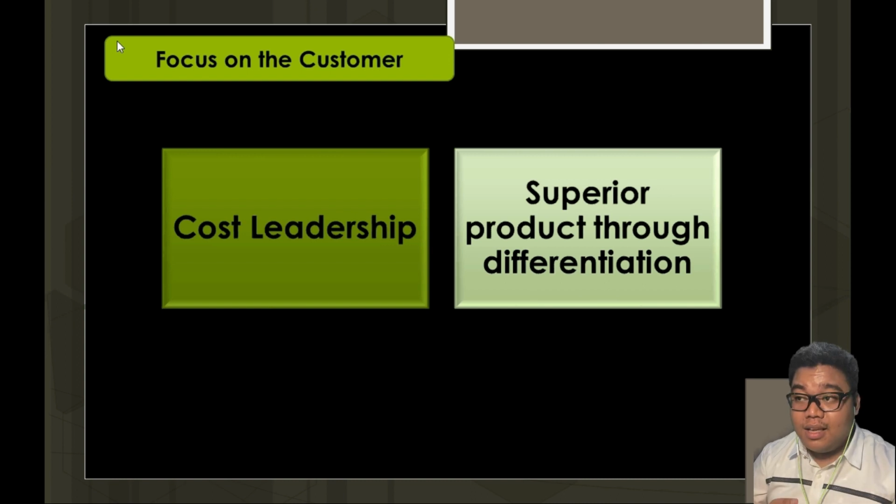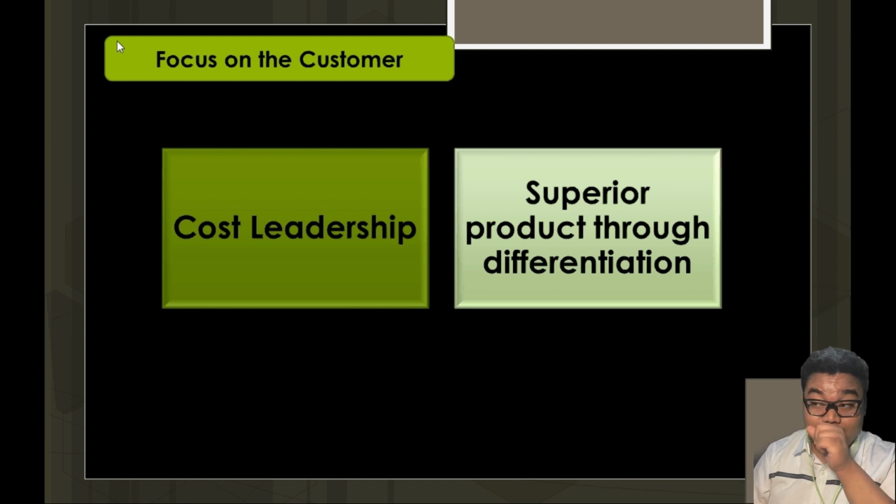So as a focus on the customer as well, we tend to see specific needs that the customer would want for a product, and that is where differentiation comes through. So a product is considered different from other products when it provides a value that other products of similar kind cannot offer.